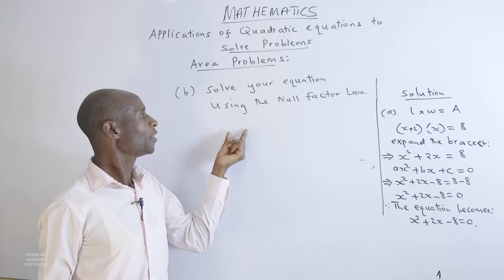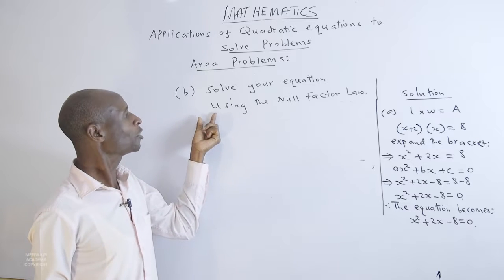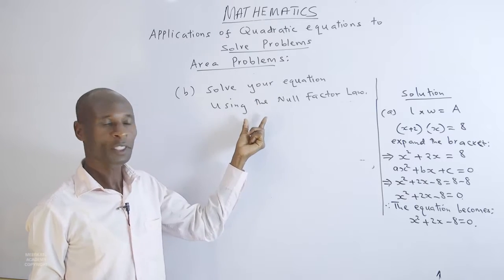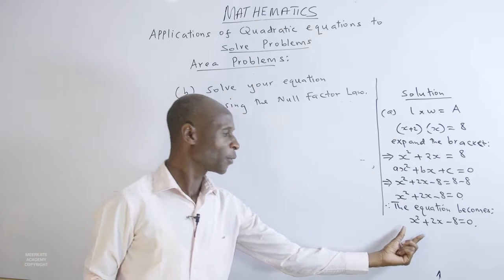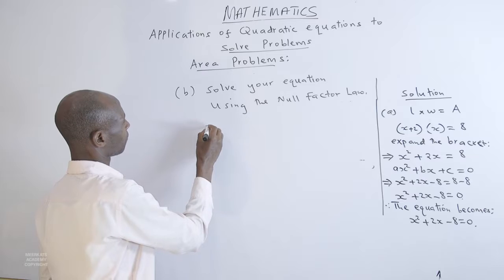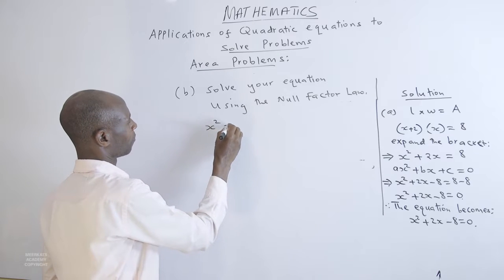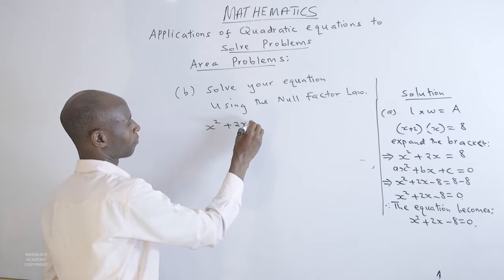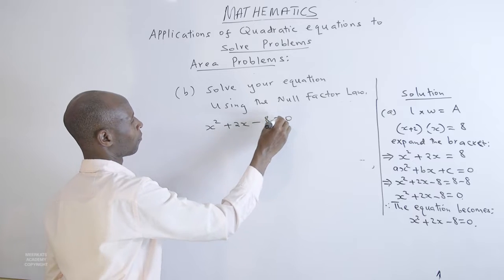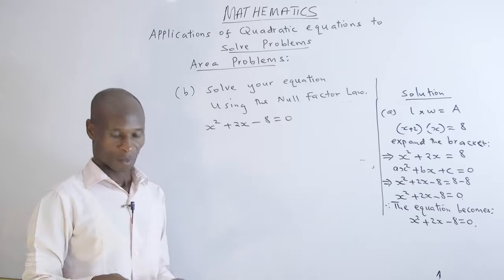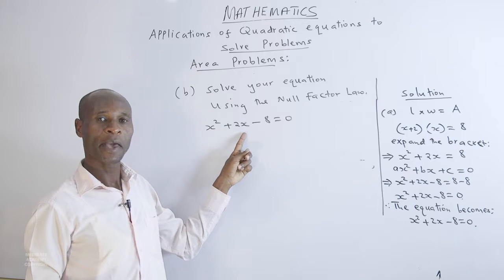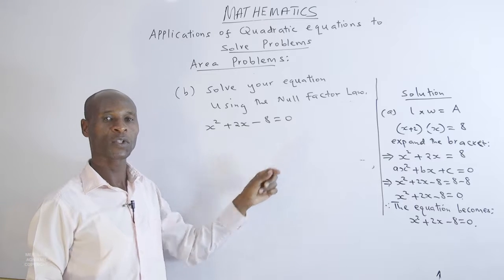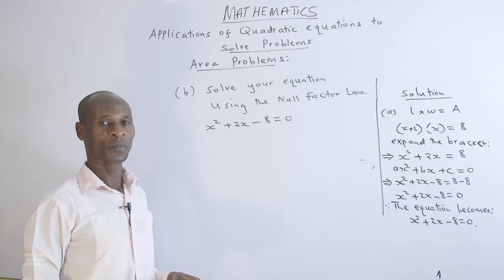Now class, in this part B, we are required to solve our equation using the null factor law. So the equation is x squared plus 2x minus 8 is equal to 0.